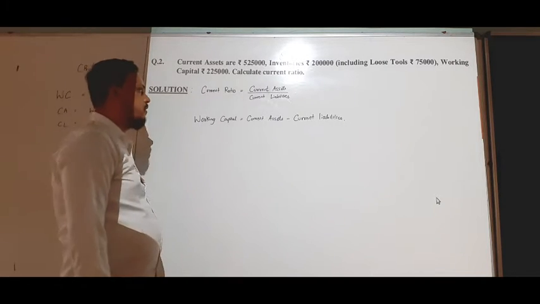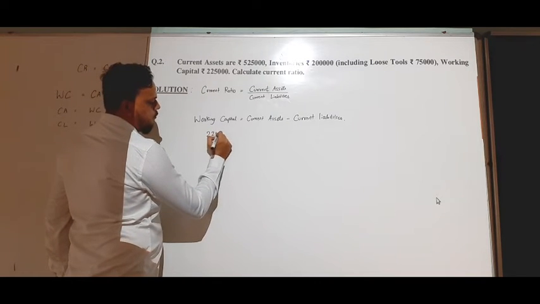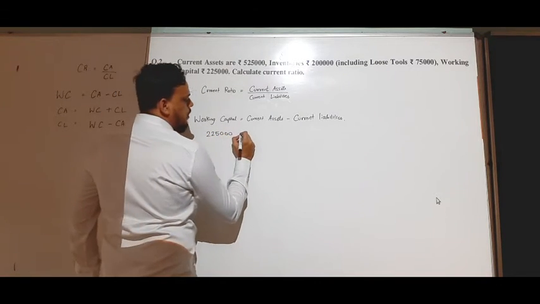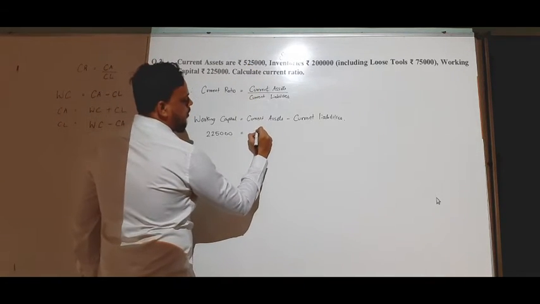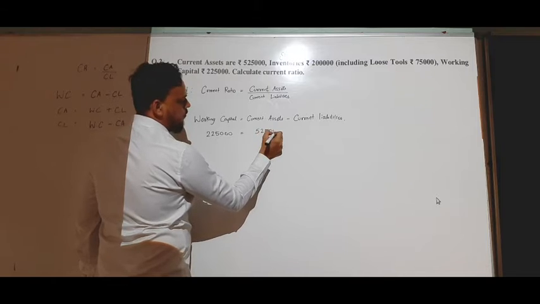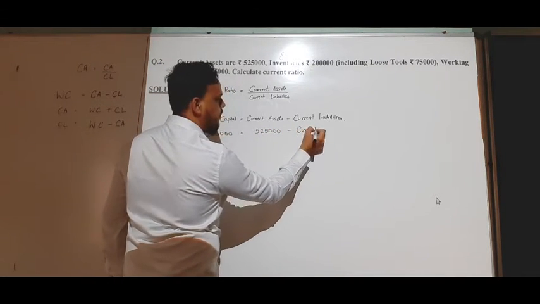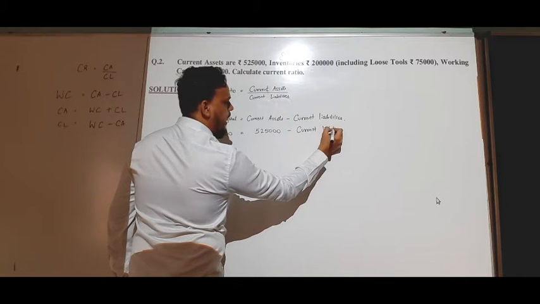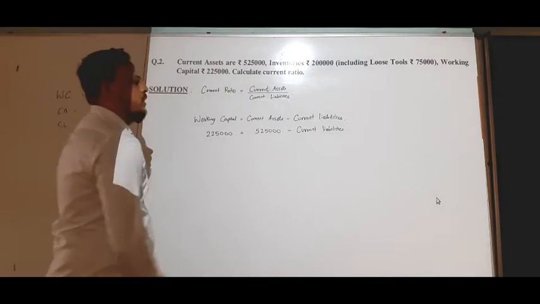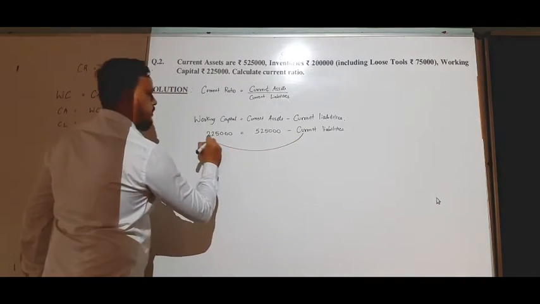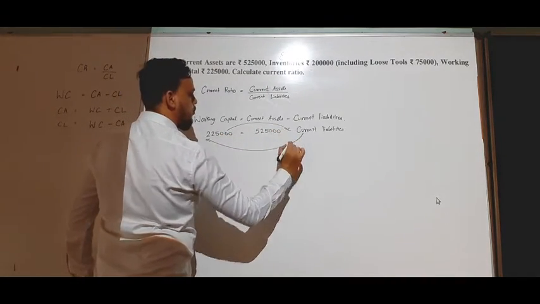So let's begin with the working capital. Working capital has been mentioned as 2,25,000 is equal to current assets, which is also there, 5,25,000. We have to find current liabilities. What we can do, this current liability can be shifted over here and 2,25,000 should be shifted here.